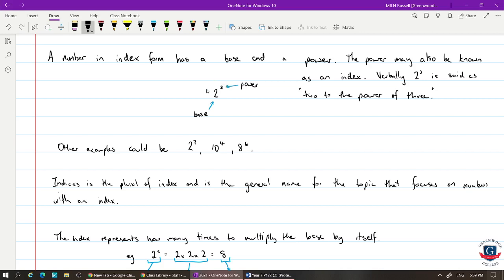So we'd say this number here as 2 to the power of 3. Other examples could be 2 to the power of 7, 10 to the power of 4, 8 to the power of 6. As I said earlier, indices is the plural of index and is the general name for the topic that focuses on numbers with an index.